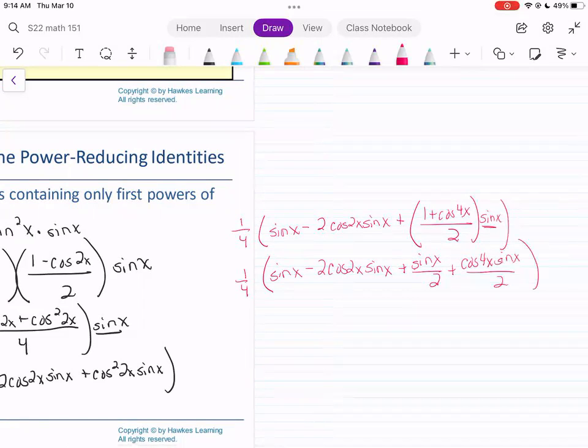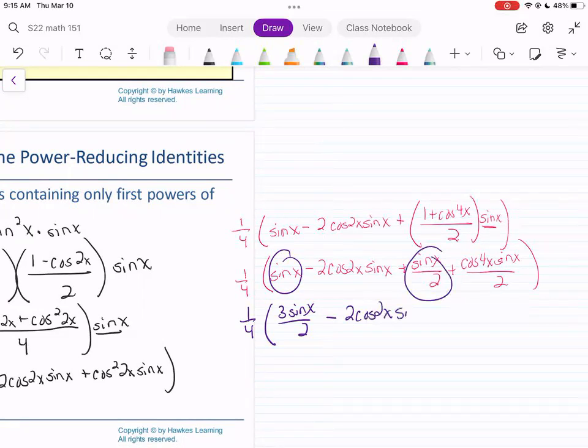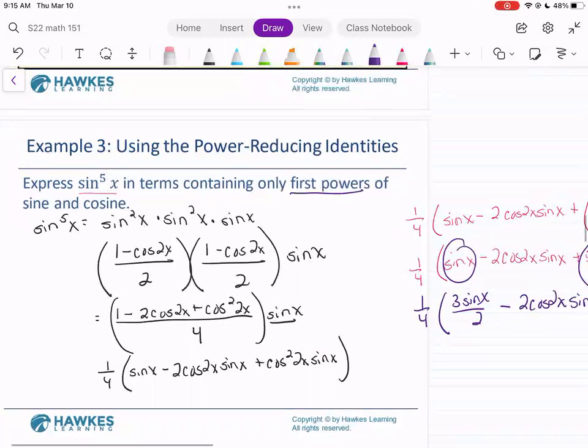And then when I combine like terms, specifically looking at my sines of x, I get 1/4 times 3/2 sine of x minus 2 cosine of 2x sine of x plus cosine of 4x sine of x over 2. So I've reduced this to only first powers of both sine and cosine, which is much easier to work with.